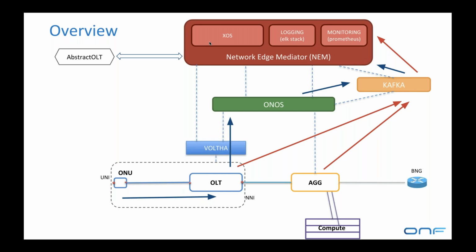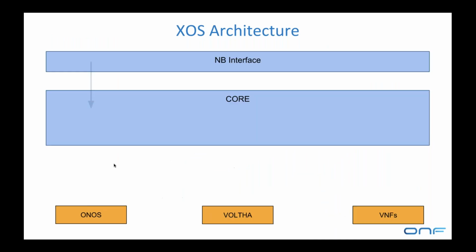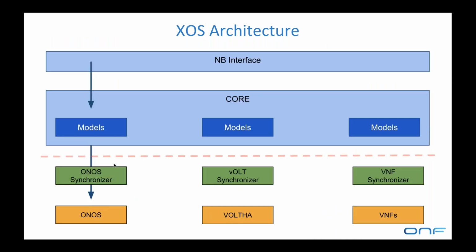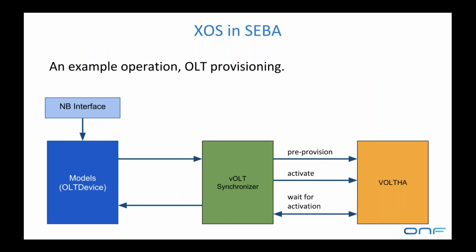You're correct, Matteo. Once the model is populated, the synchronizer will call pre-provision OLT, then enable, and then reach into ONOS and set up the placeholder for the OLT to fit into an OLT pipeline. But all of that ends up being driven from the Tosca model or Proto model, delivered via abstract OLT.